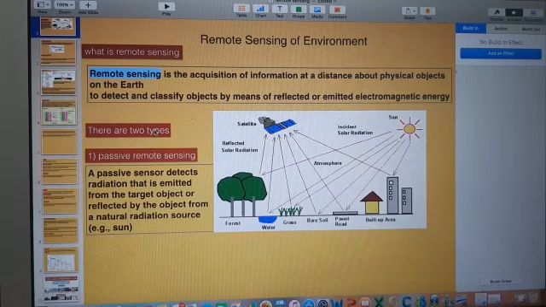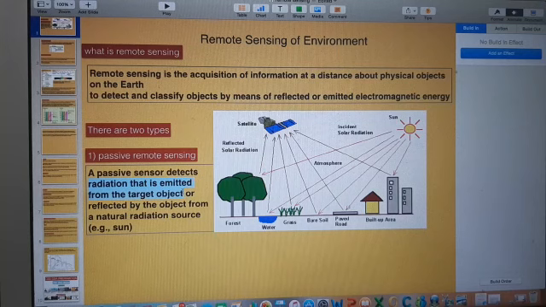There are two types of remote sensing. One is passive remote sensing. Now, this diagram is about passive remote sensing, in which the radiation is emitted from the target object.